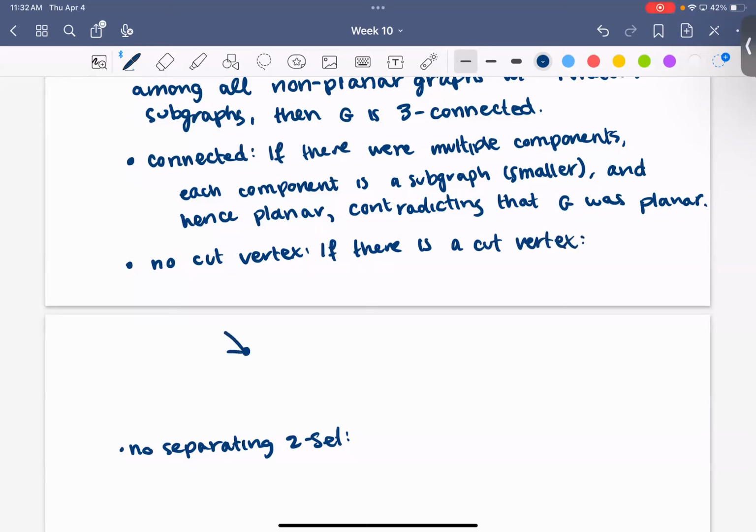I have some vertex with a bunch of edges coming out, and then I have two connected components. Then again, by minimality, each of these components is planar.